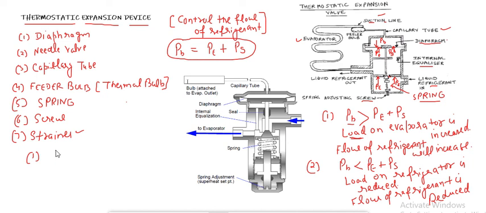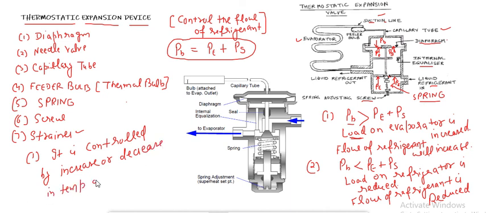So it is controlled by the increase or decrease in the temperature of suction line. It means the temperature of suction line, whether it will increase or decrease, depending upon that the pressure PB will increase or decrease, and accordingly the flow of refrigerant will also increase or decrease.